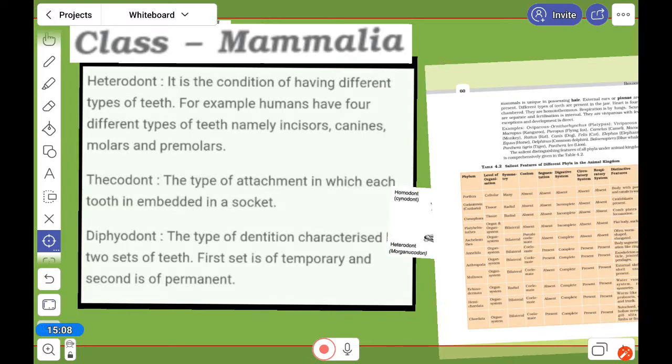Those who do not have this are called monophyodont, a single set of teeth. So this is the terminology: homodont, heterodont, thecodont, acrodont. Acrodont means fused with bone, and monophyodont and diphyodont. That is about the dentition in mammals.